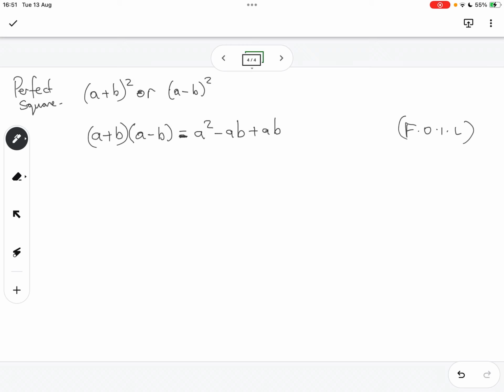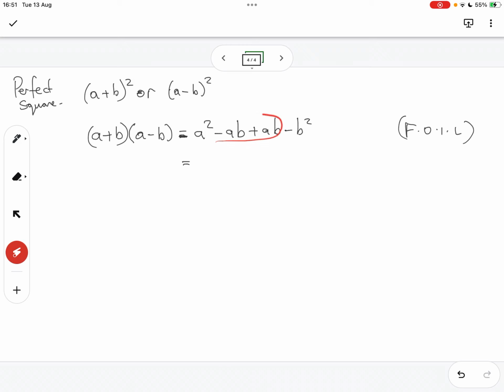So let's write positive AB, okay? And then what else do I do? B times minus B. Okay, and what's the answer? Minus B squared. Excellent. Minus B squared.